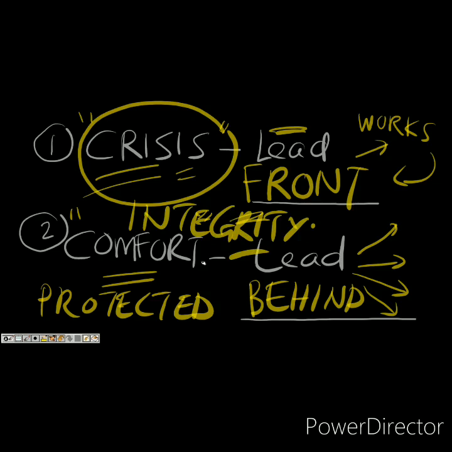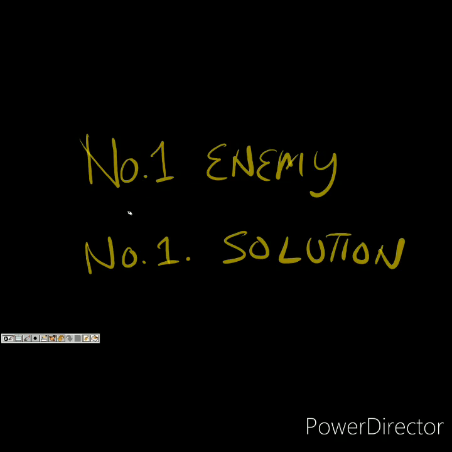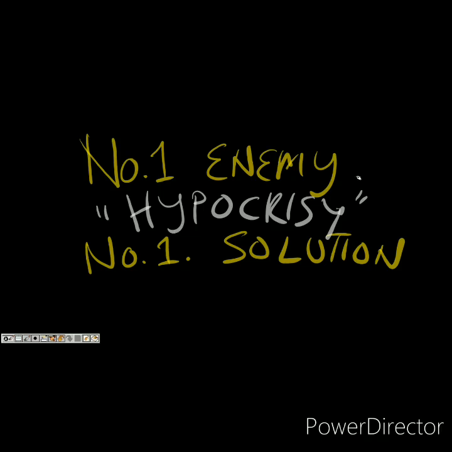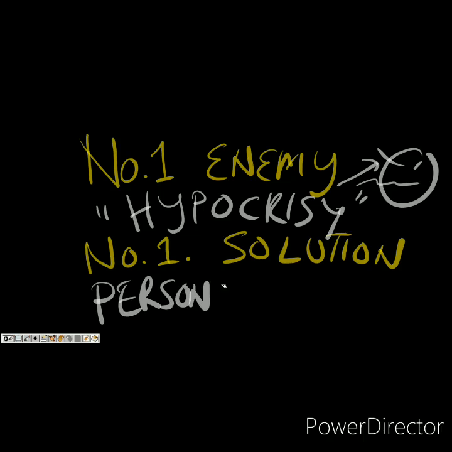In other words, the people feel that my boss, my leader is a person of integrity and he is not a hypocrite. So what's the number one enemy of team morale, so to speak? It is hypocrisy. And hypocrisy, remember, is never a team issue. It is always an issue of personal leadership, and that is you. And the number one solution is also up to you, because the number one solution or the answer to hypocrisy is personal integrity.